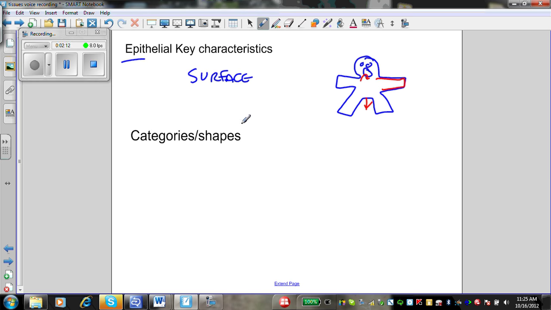There are major categories and shapes that go with them. The big thing is that they're going to be all about absorbing, right, or secreting. And we do get a little bit of protection as well, and we'll talk about that when we get there. So for categories, we have simple or stratified, meaning that we have multiple layers.